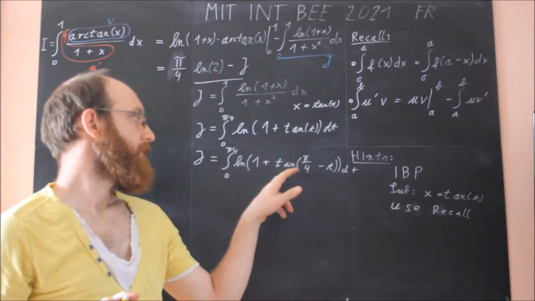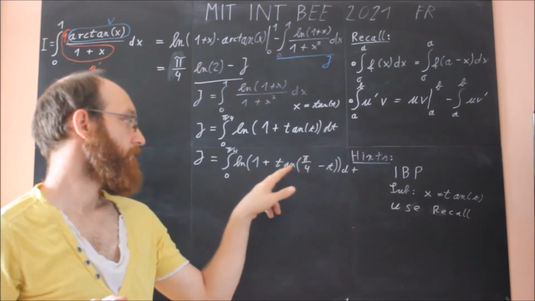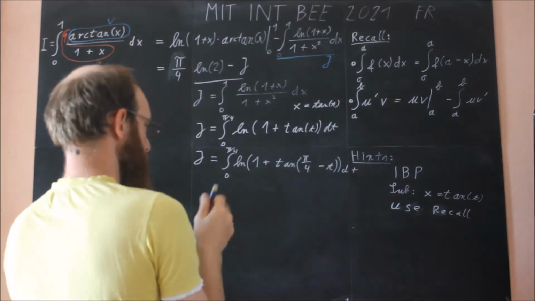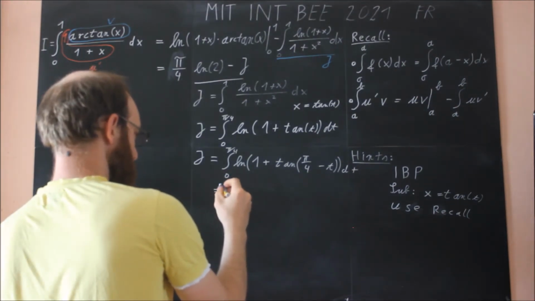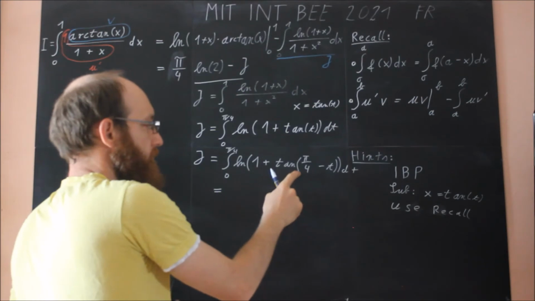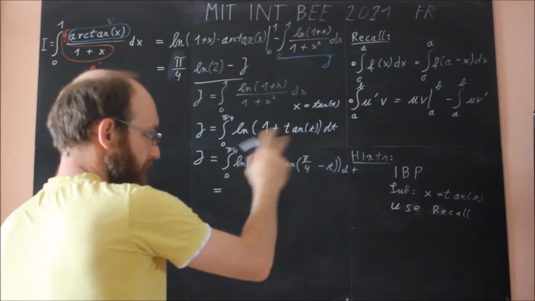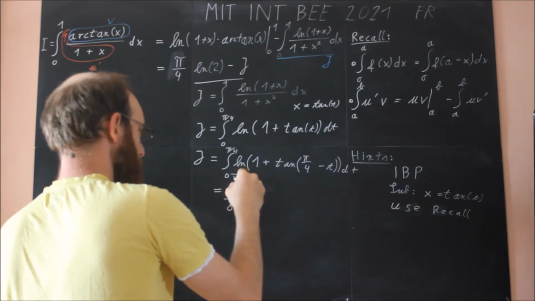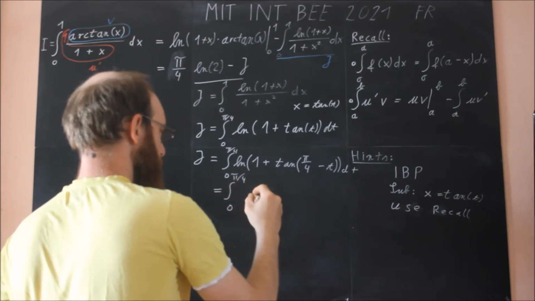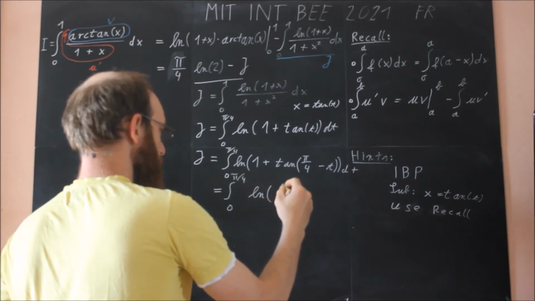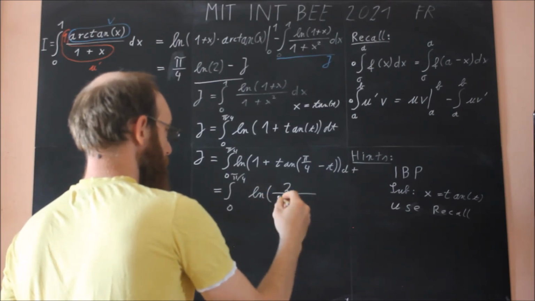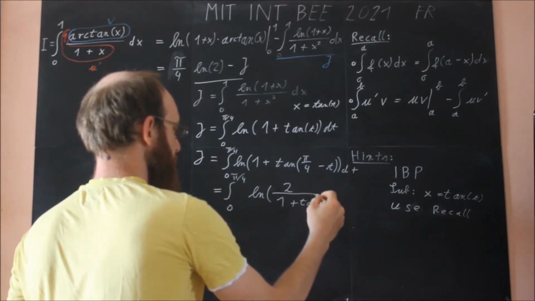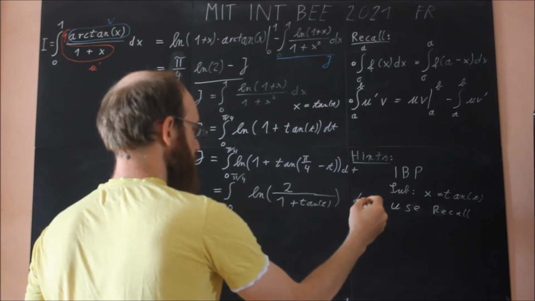Now if you use the tangent addition formula for this one, also this is an exercise for you. If we apply the addition formula to this one and we simplify a little bit, we get the integral from 0 to pi over 4 of ln of 2 over 1 plus tangent t dt.